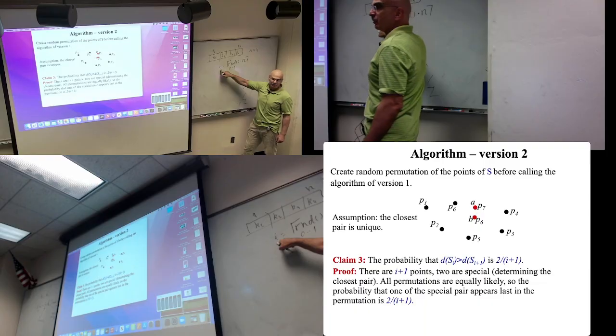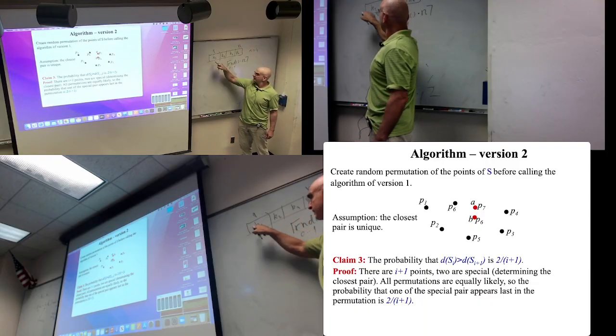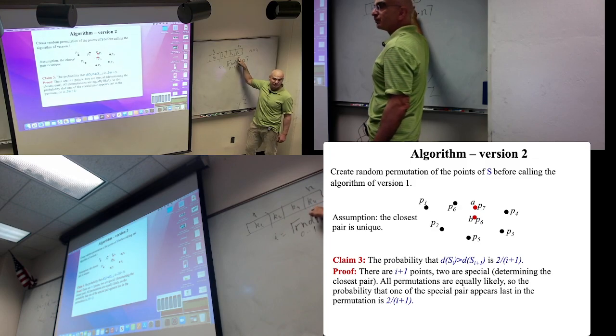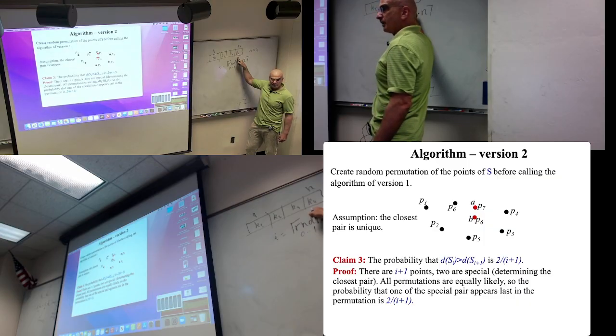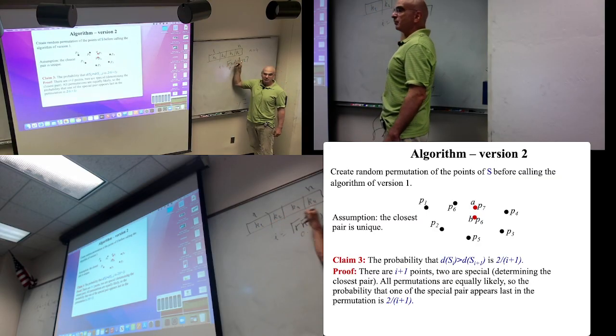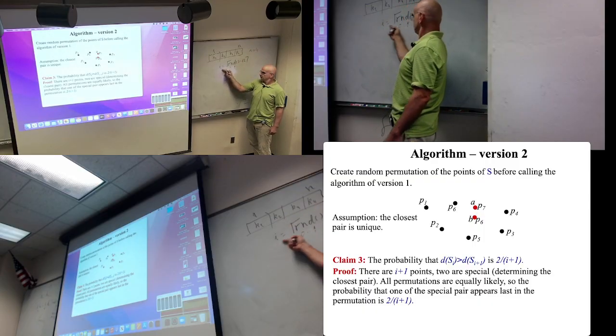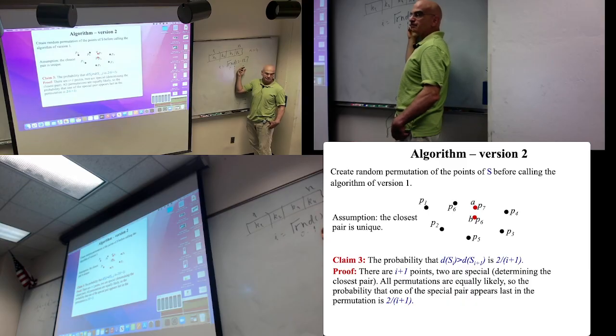That would be a random index. It could be either the first one or the second one or the third one or the fourth one with equal probability. That's how I find the last element of my random permutation. The last element would be picked using this randomized approach.